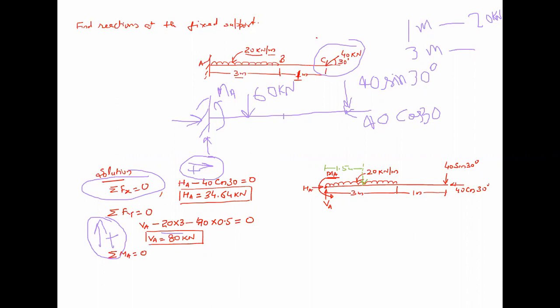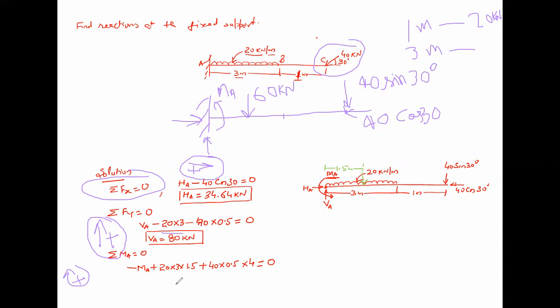Okay. Now balance moment about A. If you balance moment about A, what will you get? See, let's take clockwise moment as positive. This MA is acting in anti-clockwise direction about point A, so just put a minus MA here in the moment equation.